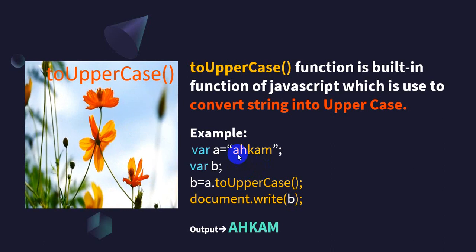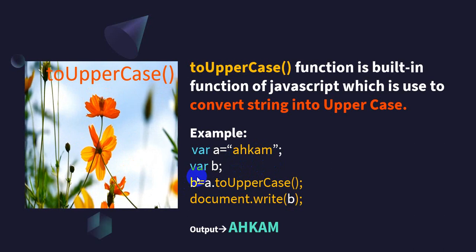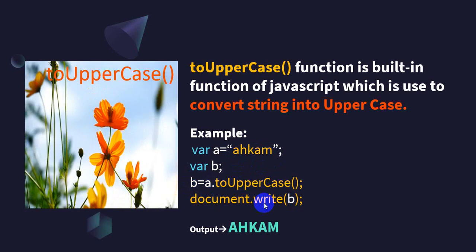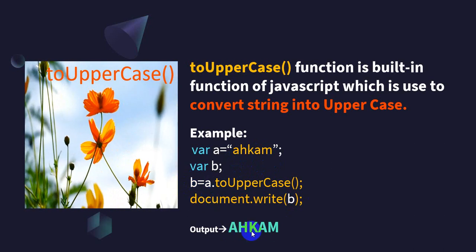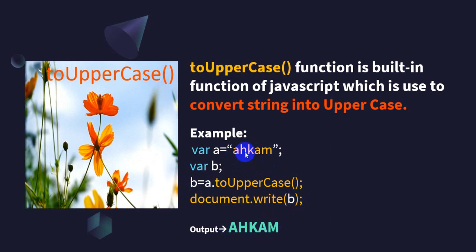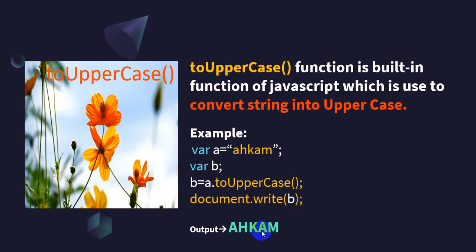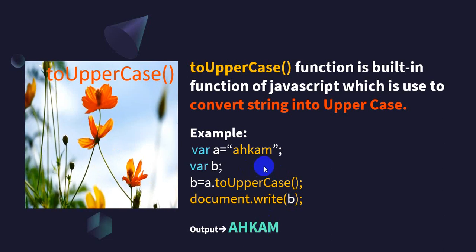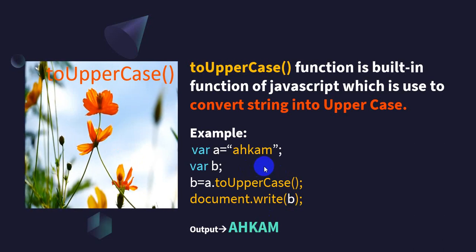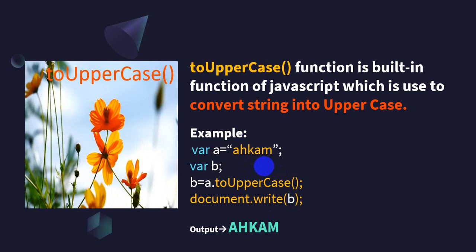It will convert your small letters into capital letters, and it will store that inside variable b. Now you want to display the value of b, so your result will be AHKAM in capital letters. If you insert small letters, it will give capital letters. Okay students, this is very important and very useful while you are using JavaScript, or while you are creating any form or registration form.